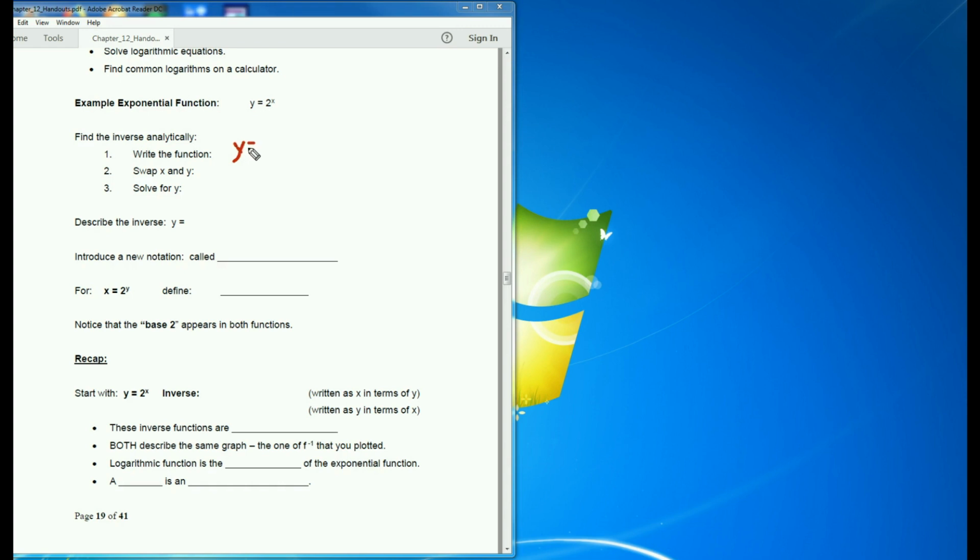So the function is y equals 2 to the x. And then, just like we did before, we swap the x and the y. So we get x equals 2 to the y. Okay, and remember, that is the inverse.